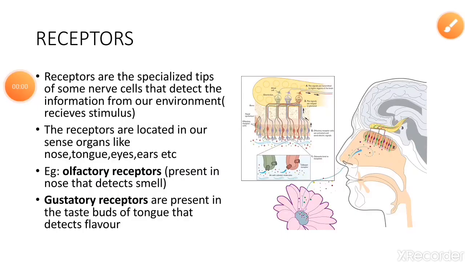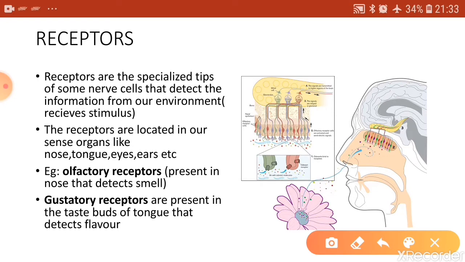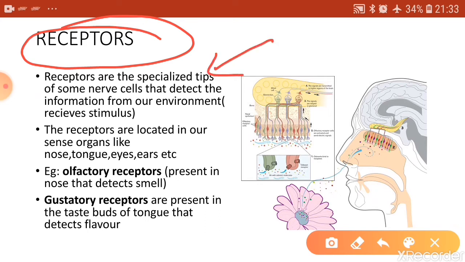As you all know, every living organism responds to the changes that occur in the environment. So the information from the environment has to be picked up by the organism, and that is done by means of receptors. And what are receptors? The receptors are the specialized tips of some nerve cells that are present in your sense organs, and these are the receptors that detect the information from the environment, that is, they are the ones which receive the stimulus, right?